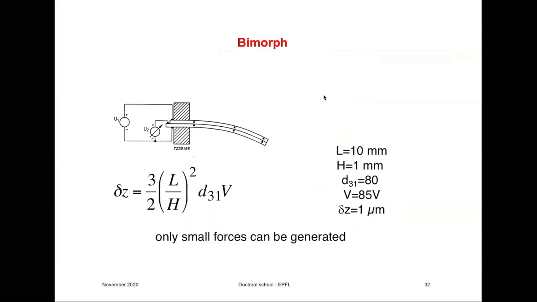You are actually using D31 mode, even though you are applying voltage like this. The extension in that direction is very small. What you are using is transverse extension, and then for reasons that we discussed with the sensors, the material will bend, and that bending is what you are using for actuation.